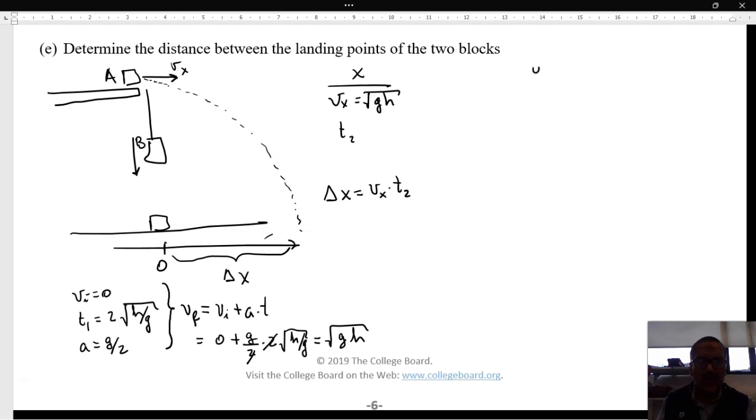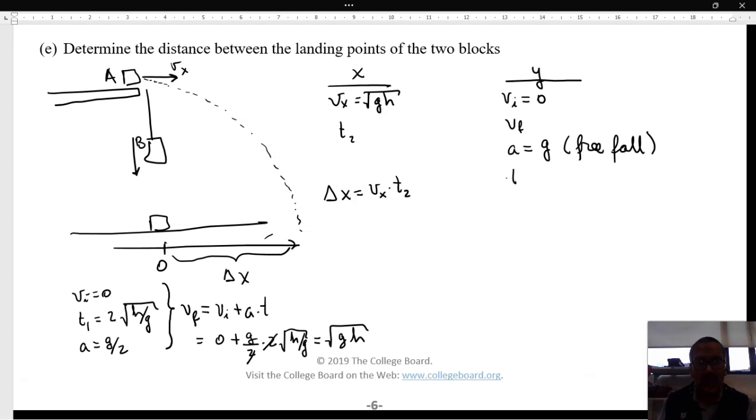Now t2, the time that, for the y motion, the initial velocity is 0. We do not know the final velocity. The acceleration is g because it is now in free fall.